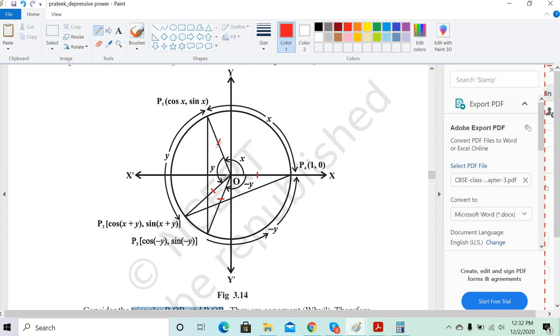So we have two sides as equal, as radius. Correct? That is OP1 is equal to OP2 and OP3 is equal to OP4. Correct?